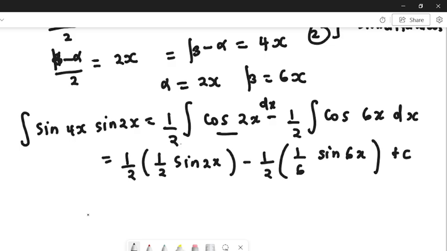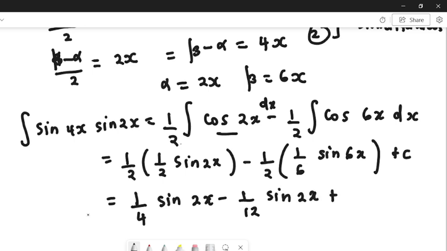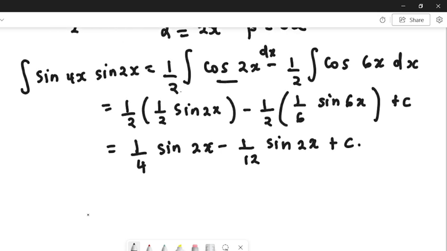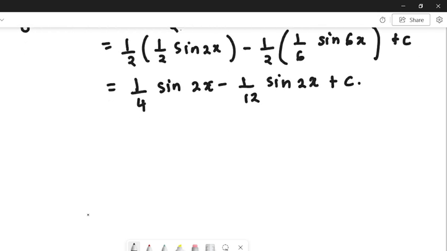And now this gives you 1 over 4 sine 2x minus 1 over 12 sine 6x plus c. So that's very simple. So you use the appropriate substitution.